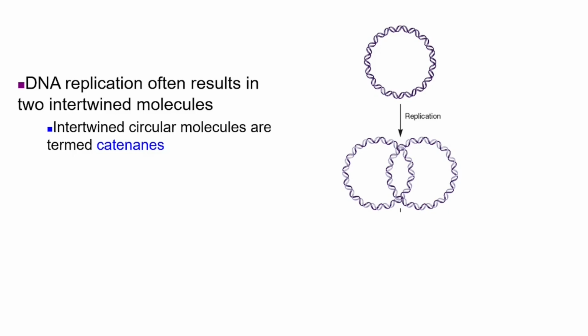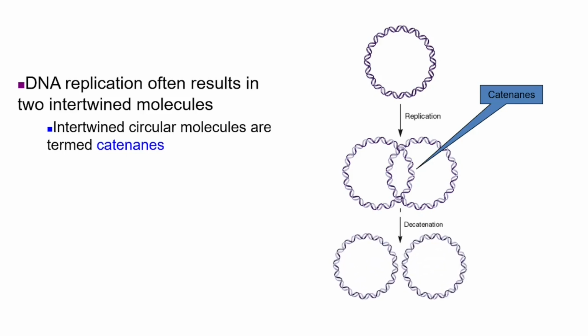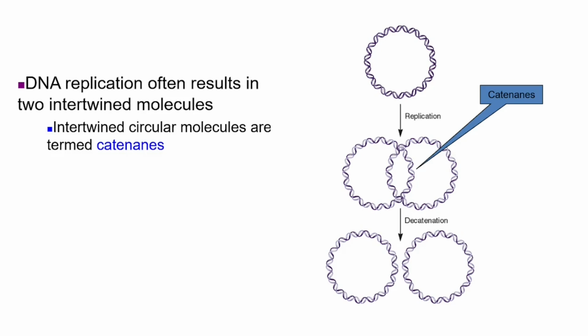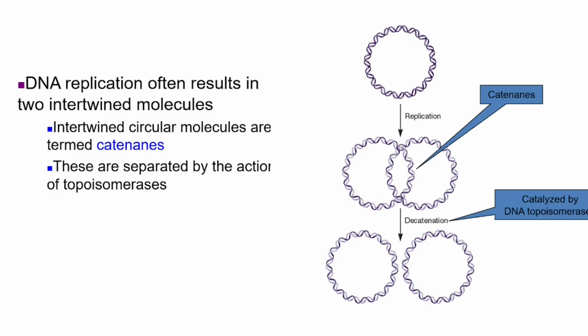These interlinked circular molecules are called catenates. They must become disentangled before cell division occurs, or they cannot separate to the two daughter cells. Separation of these catenates is called decatenation, and this is brought about by the action of topoisomerases.